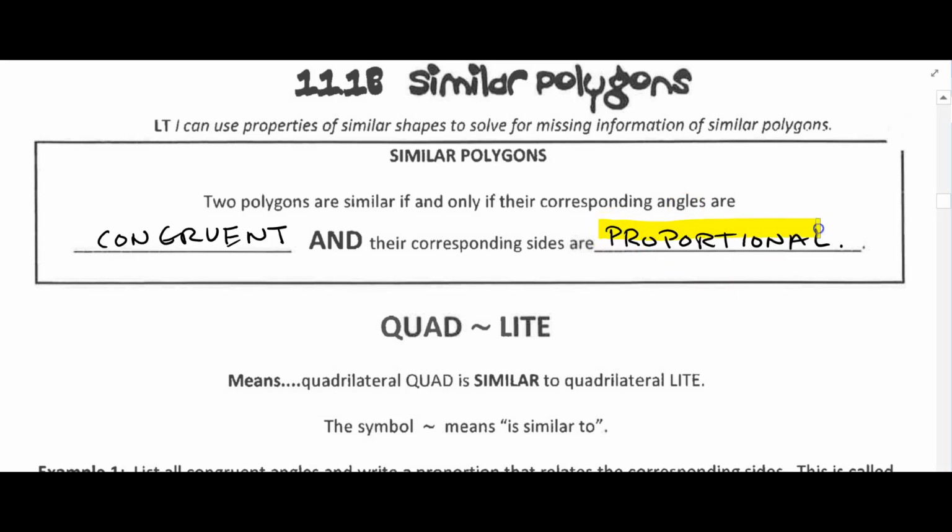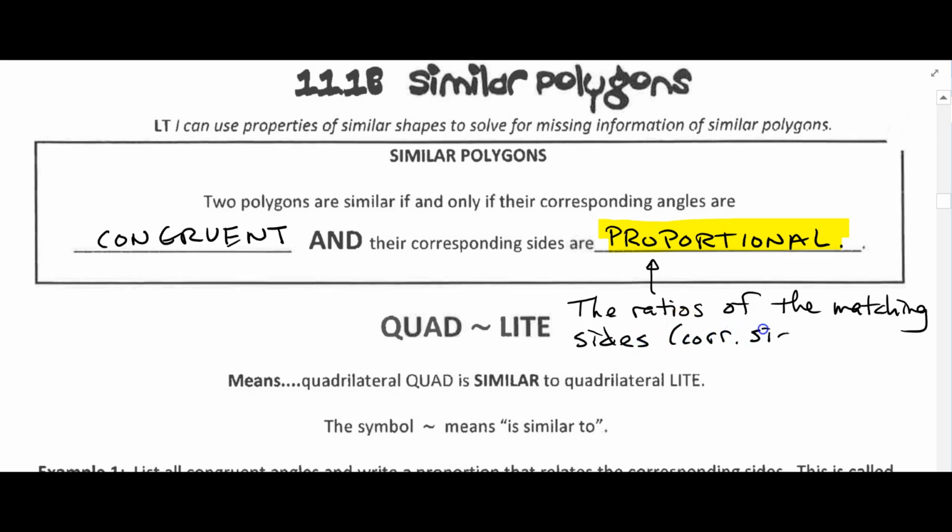So when we say proportional, and I'm going to repeat this a lot so that we can hopefully remember that, when we say proportional, this means the ratios of the matching sides, these are the corresponding sides, are equal.